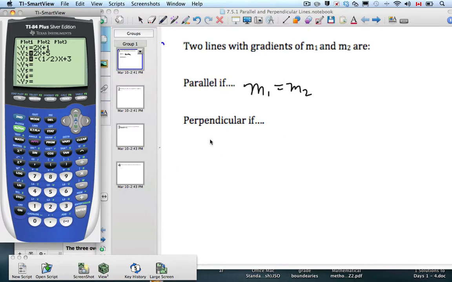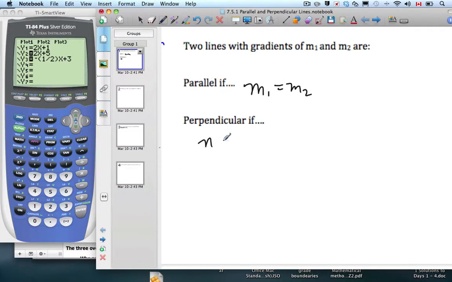Right. So we flip the fraction upside down. Slope is opposite reciprocals. So opposite meaning opposite sign, right? So you change the sign. So let's see. If I had, for example, a slope of 2, the opposite reciprocal of that would be negative 1/2.